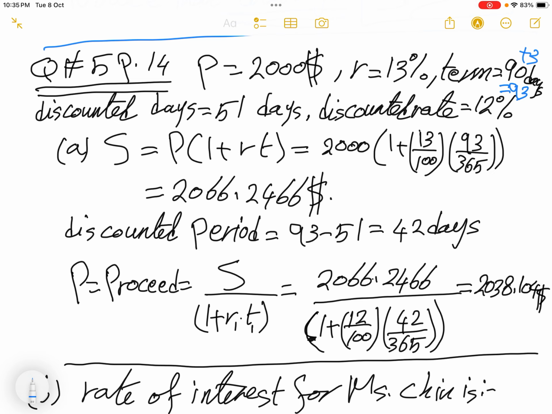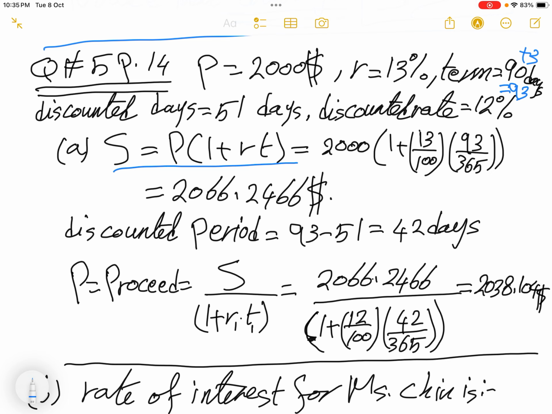Discounted after 51 days, discounted rate 12%. S equals B multiplied by 1 plus RT, which is 2000 multiplied by 1 plus 13 over 100 multiplied by 93 divided by 365, which will be 2066.2466. Discounted period 93 minus 51, which is 42 days.